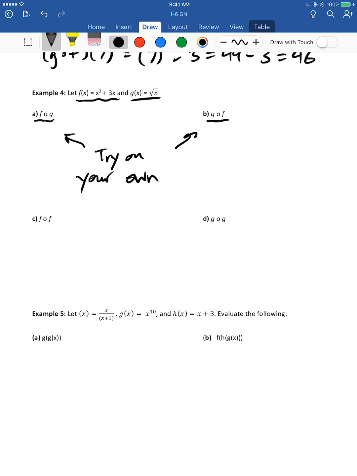So f of f. Yes, we can compose a function with itself. Isn't math cool? f of f is defined as f of x, where f of x is x squared plus 3x.